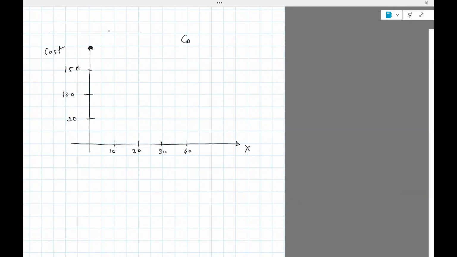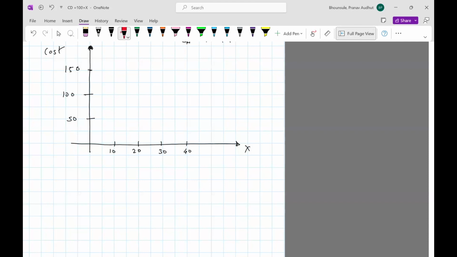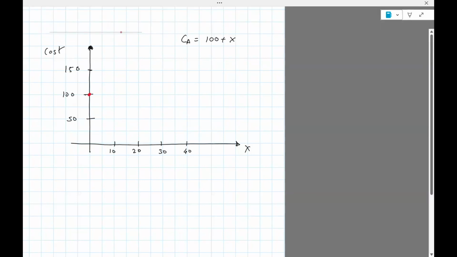The first relation is CA equals 100 plus x, which means that it will start at 100. And this is actually an equation of a straight line, y equals c plus mx, right? So this has an intercept of 100 on the y-axis, and then the slope of the line is 1. So you need to draw a line approximately, it will look like this, with a slope of 1.